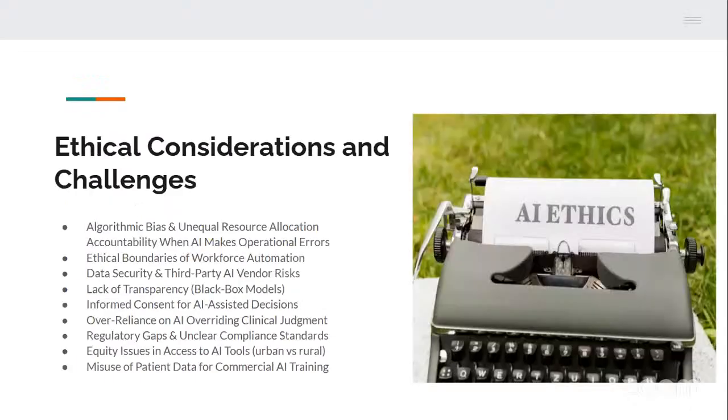Yeah. Next slide. The shadow AI and ethical consideration challenges are more or less related. The first point is algorithmic bias and unequal resource allocation. An algorithm is biased if the model is trained with inadequate data sets.